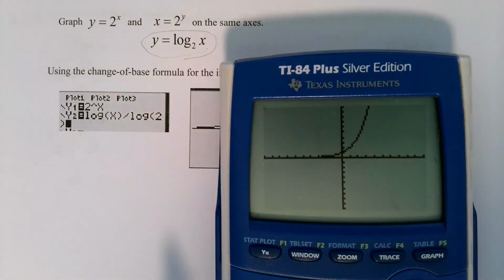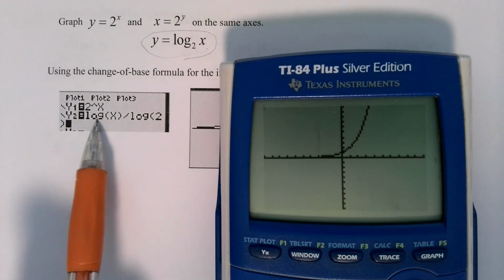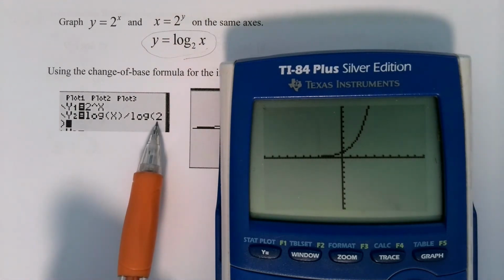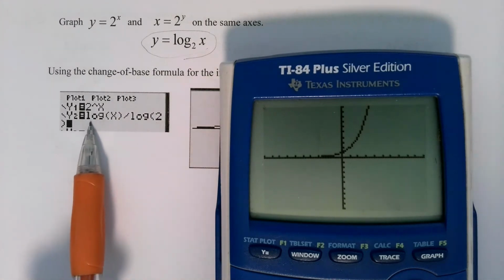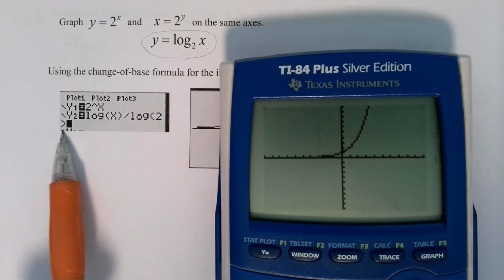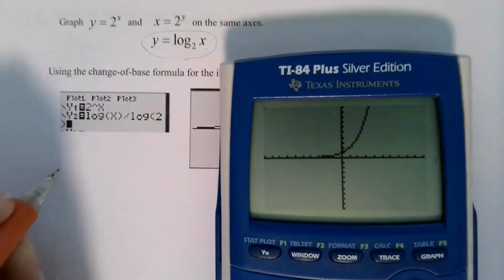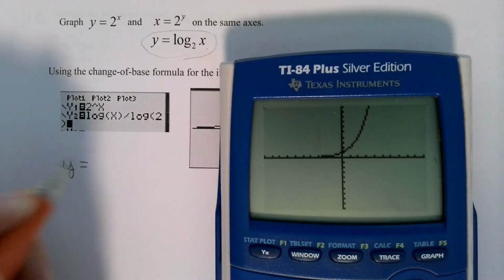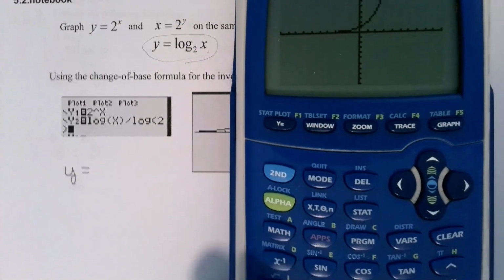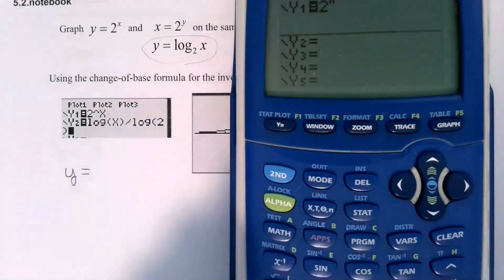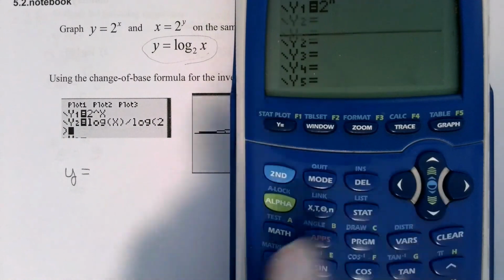But if I want to graph the log base 2 of x, I would need to use either my change of base formula or go to that math key. Go to my y equals.